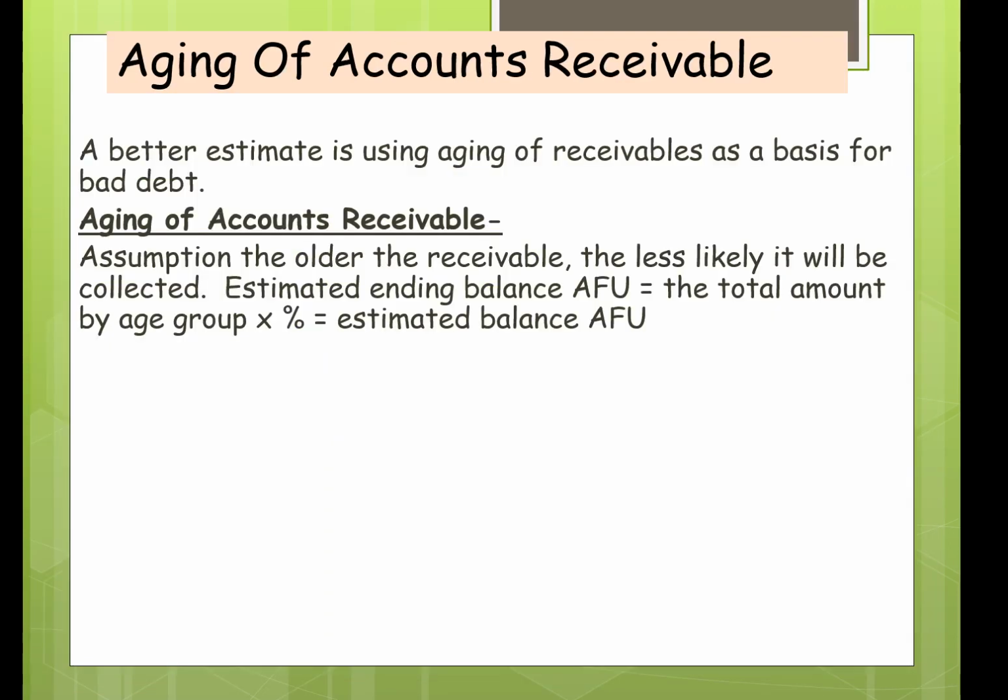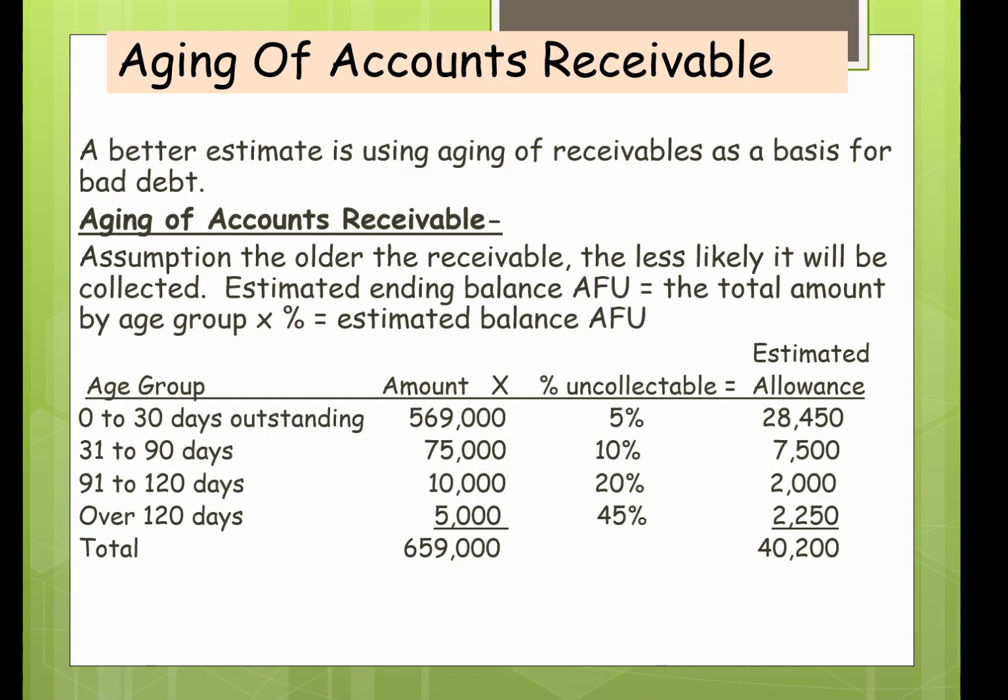Now, aging of accounts receivable. The assumption is the longer it's out there, the less likely to collect. So here would be an example, and a lot of times there are computer programs that do this for you. So we're saying that between 0 and 30 days outstanding, only 5% of those may not be collected.